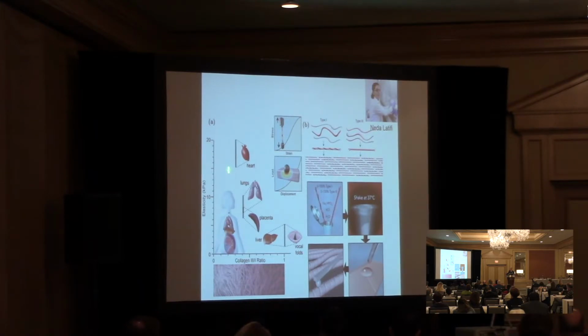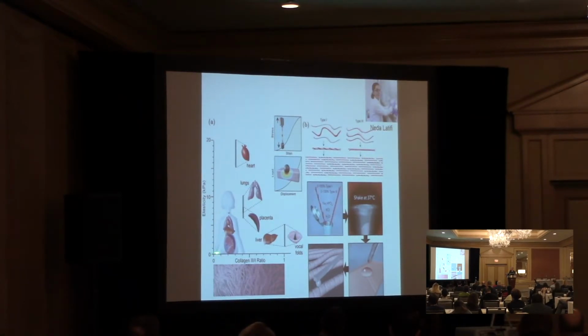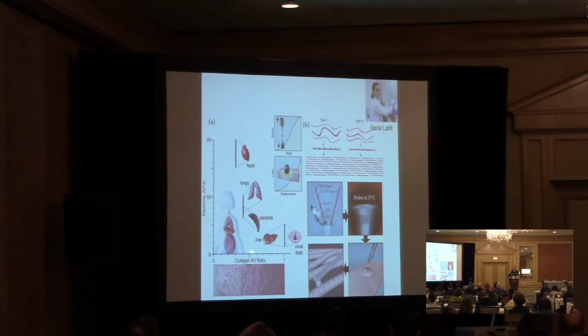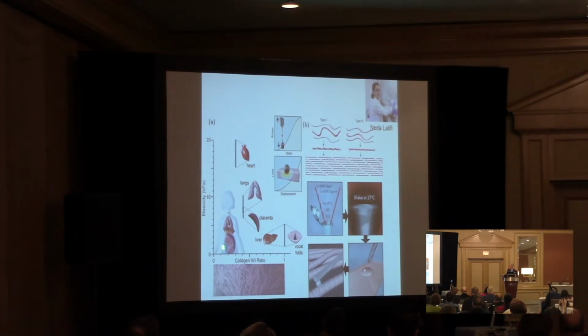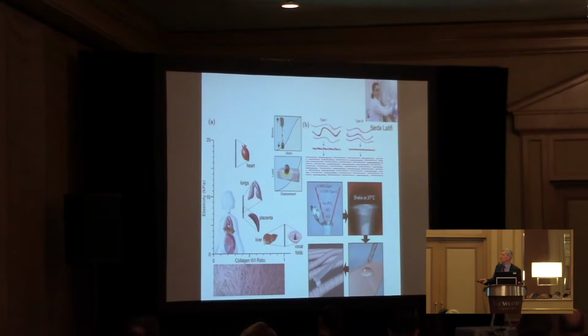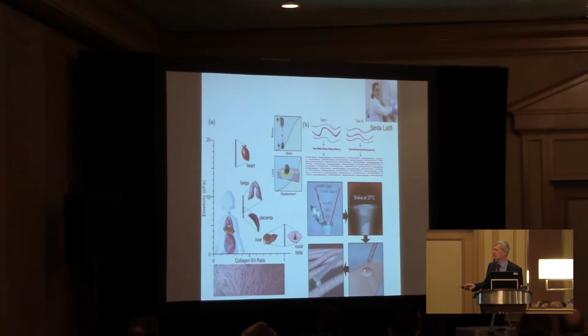If you look at how stiff an organ is as a function of the ratio of collagen 3 over collagen 1, you can see that as the relative amount of collagen 3 increases, the organs tend to be softer and more stretchable. The vocal folds, which have a relatively large amount of collagen 3, or the liver, are organs that stretch a lot, and they tend to have higher collagen 3 content than, for example, the heart or the lungs.